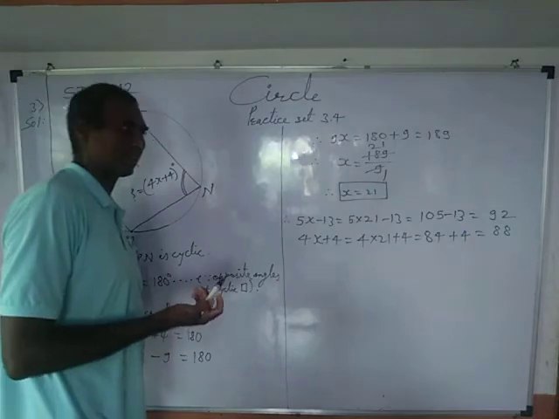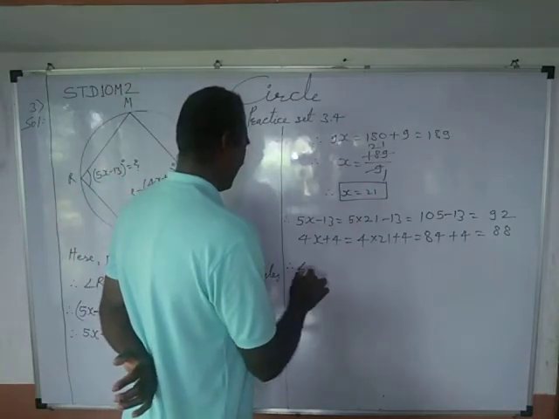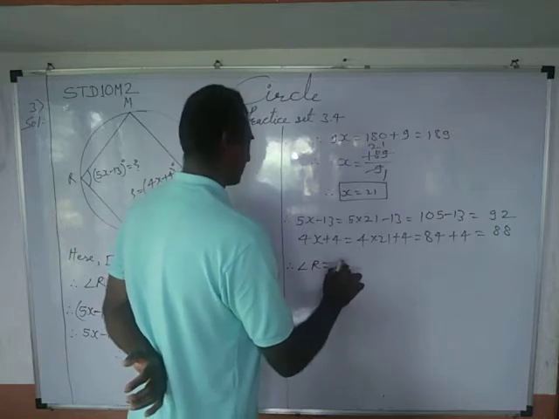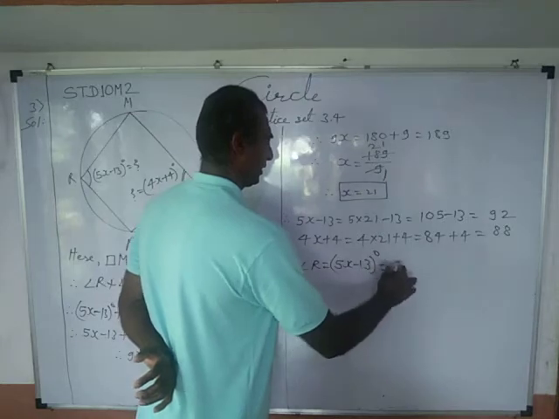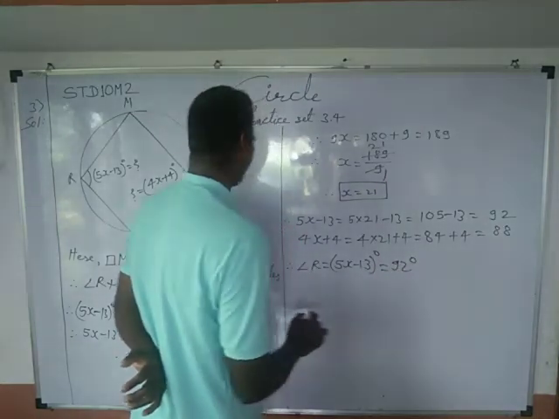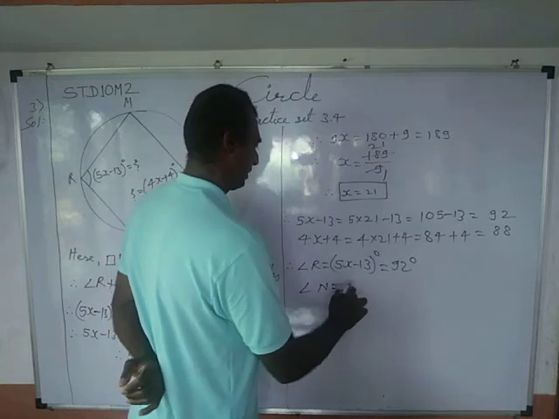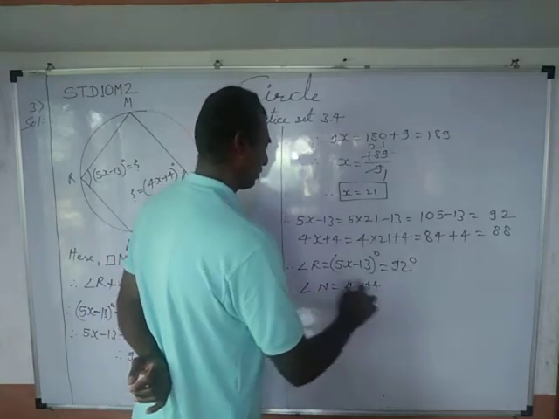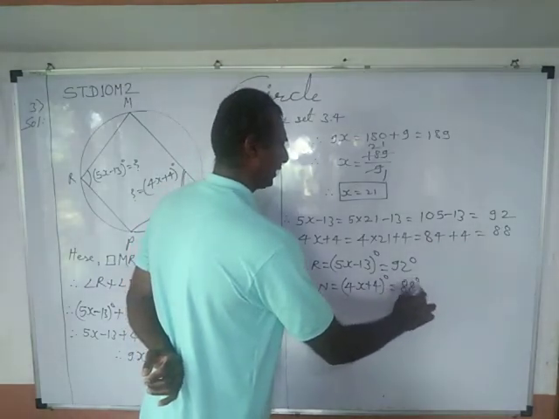Okay, means our answer is correct, and therefore angle R equals 5x minus 13 this much degree equals 92 degree, and angle N equals 4x plus 4 this much degree equals 88 degree.